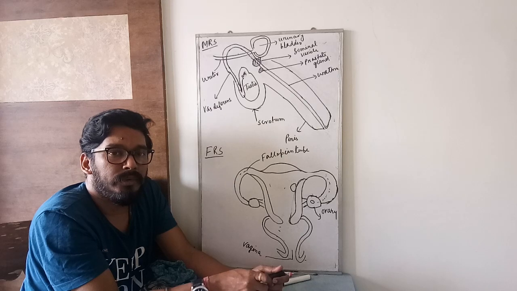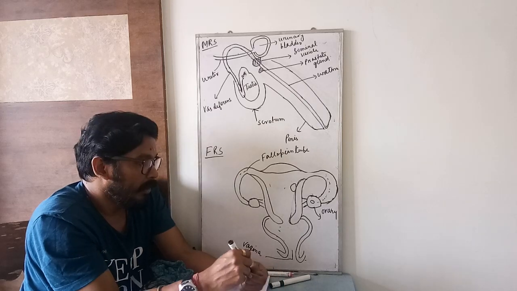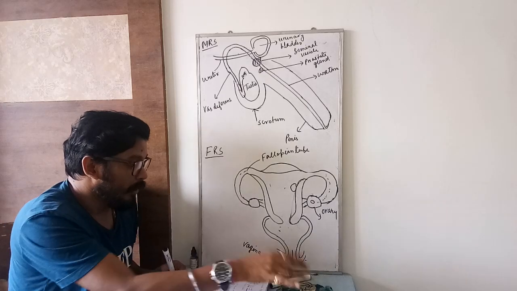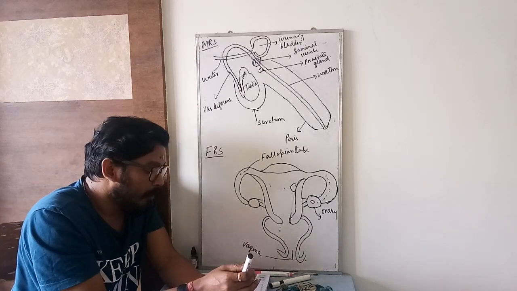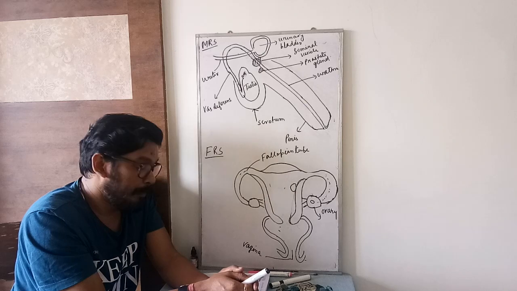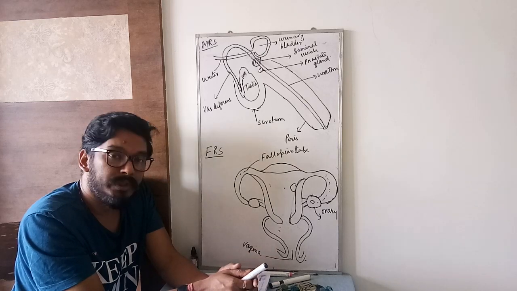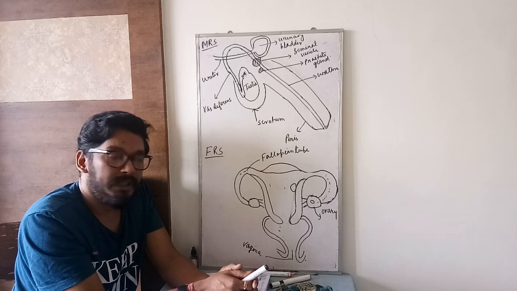What does the uterus do? It produces blood vessels. So during maturation of the egg, the wall of the uterus produces blood vessels. The part where blood vessels are produced is called the placenta.